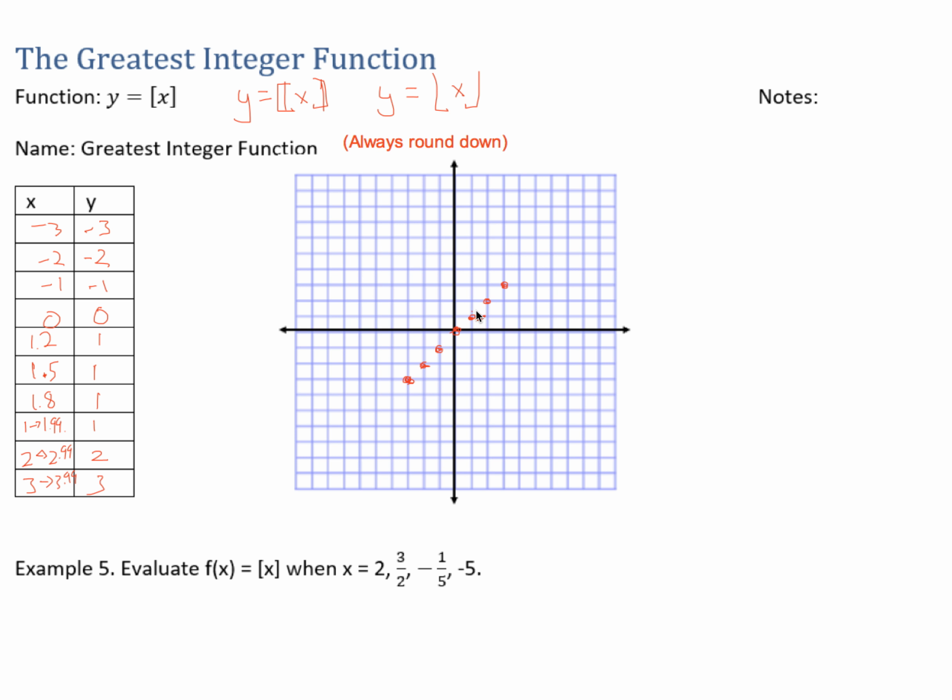So in these different intervals, after 1, it stays 1 up until it gets to the next integer of 2. So I would put an open circle here. But once you hit 2, it rounds to 2, and then everything from 2 up to 2.99 is 2. But then when we hit 3, we're up to 3. And so this little pattern would continue.